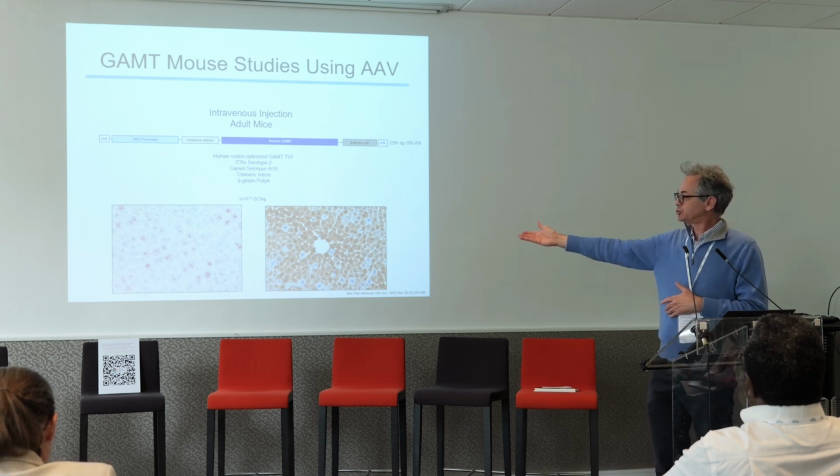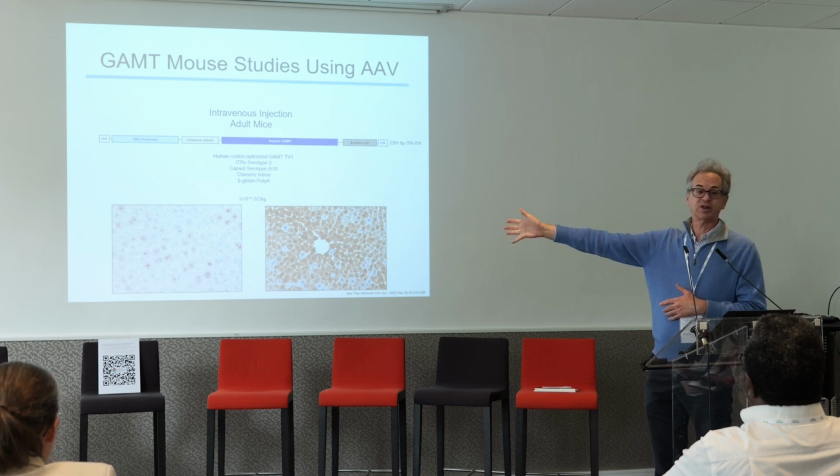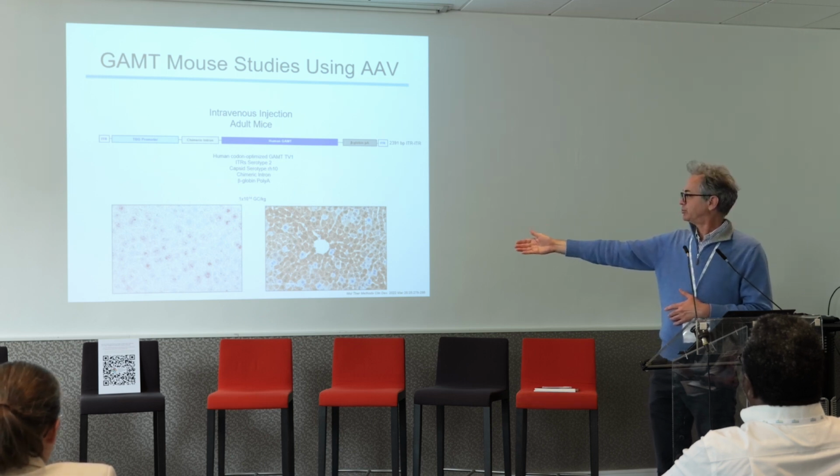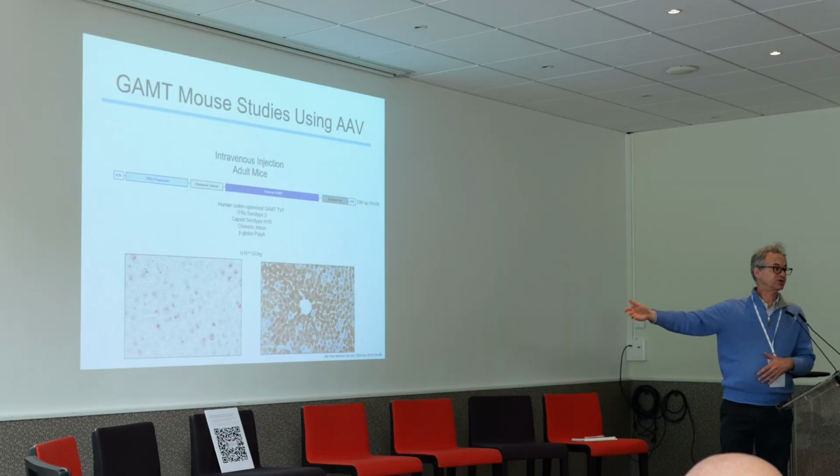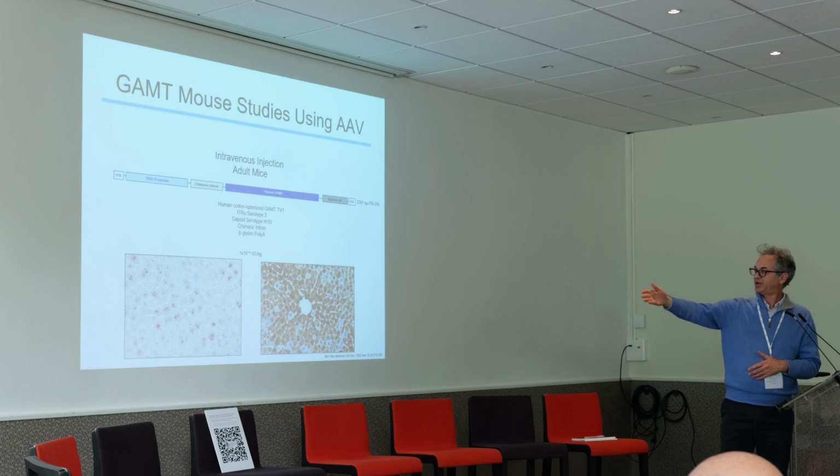So here are some sections of liver. On your left side is actually without the GAMT staining, but the RNA, the genetic component that leads to the protein, in pink, you can see this here. RNA is unstable, it is eventually lost. But over here, you see the brown color is the staining of the liver cells.